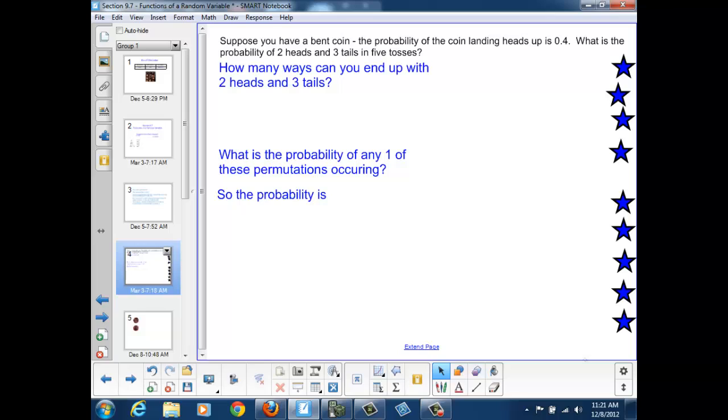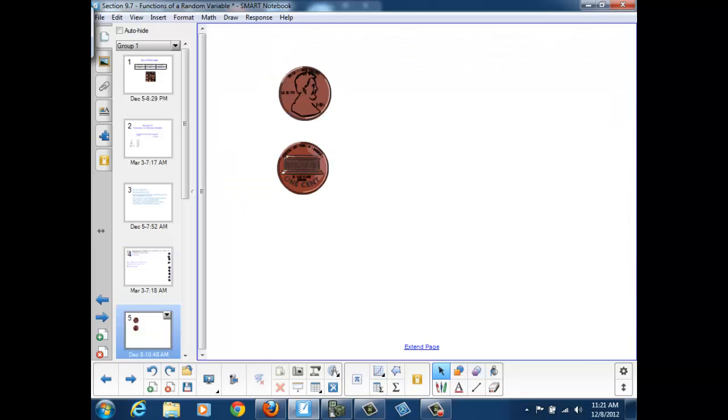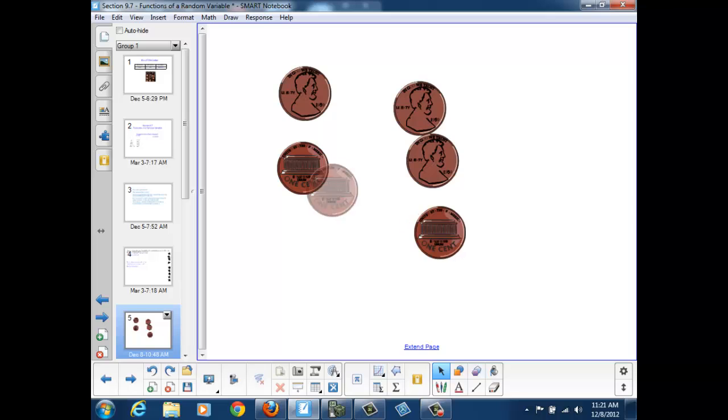So we're going to look at this question in 2 parts. First, how many ways can you end up with 2 heads and 3 tails? Well, if I think about it, I could first have a head, and then another head, and then 3 tails. After I've chosen the first 2 heads, the next 3 have to be tails.